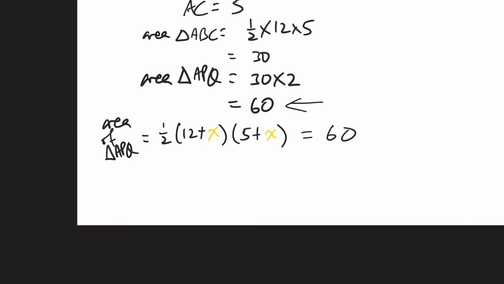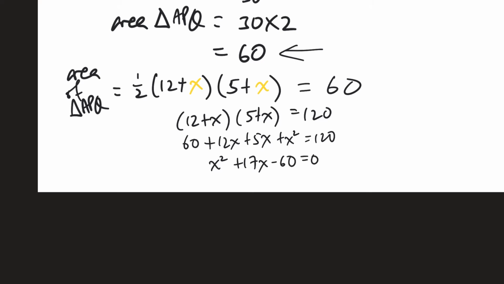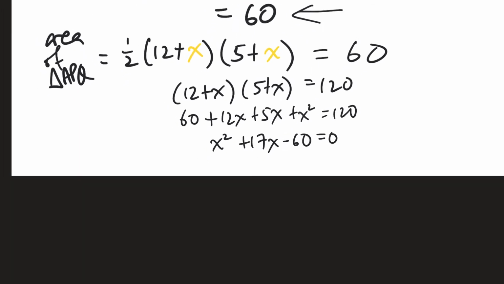So we multiply both sides by 2. Then we get this equals 120. And then we have to expand. So here it really is algebra. So 12 times 5, plus 12 times x, plus 5 times x. This is not the focus of this video, so I'll just go through the algebra and you can check. Cool. And then we solve this now. The way I like to solve it is to go straight to our handy formula.